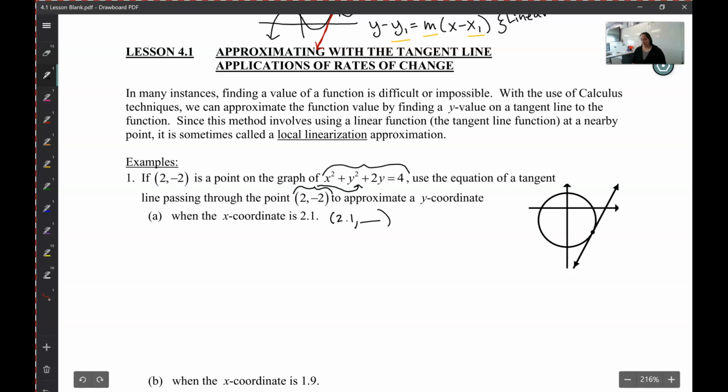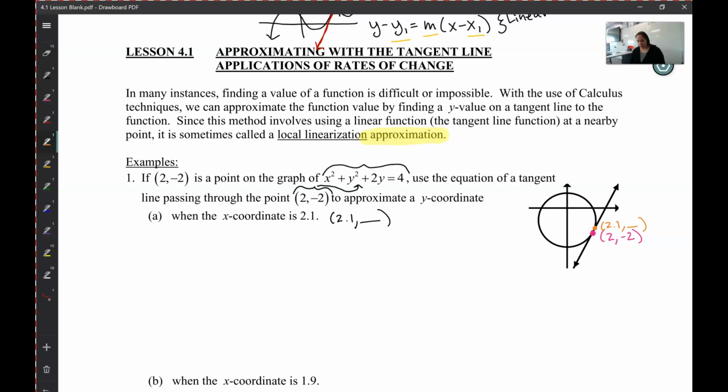So this idea is using a tangent line to approximate what that point is. Now keep in mind, this is only an approximation. It's not exact. So it's saying, if that's 2 comma negative 2, and I want to approximate right there, 2.1 comma something, I want to know what that point is.